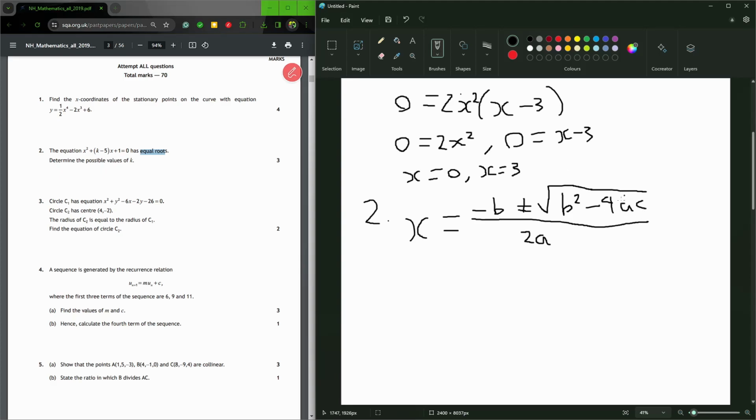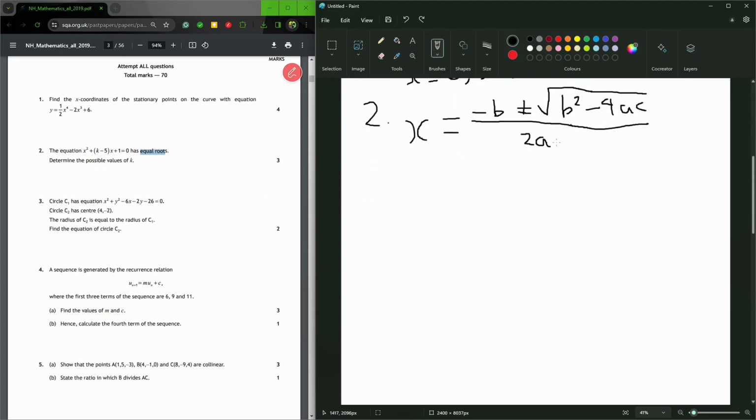And how do we know this? Well, if this bit was 0, then the square root of 0 is still 0, so plus or minus 0, so there will only be one solution. So the roots would be equal. If there's more, then there would be plus or minus something, so there would be more roots. And if there was a negative number, you get into weird territory, and there are no real roots. But we don't need to worry about that now because it's only equal roots.